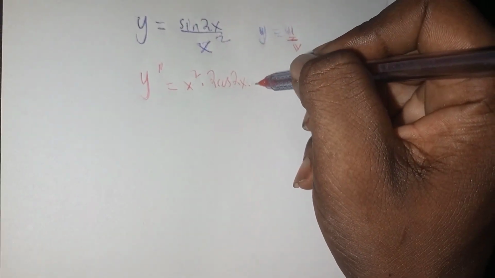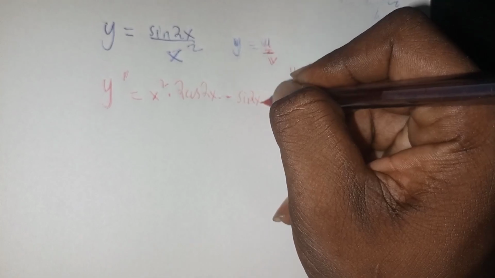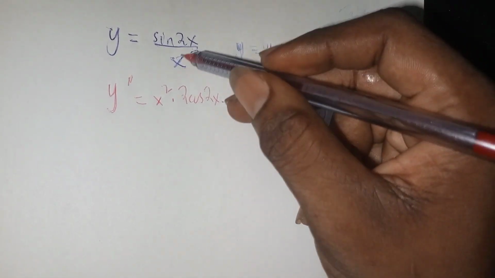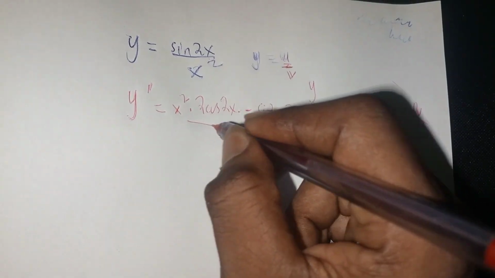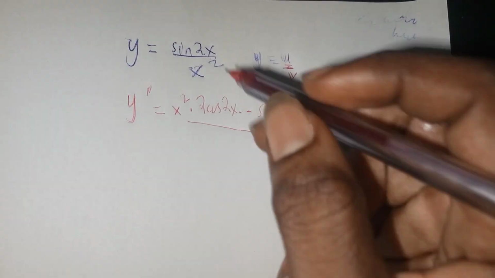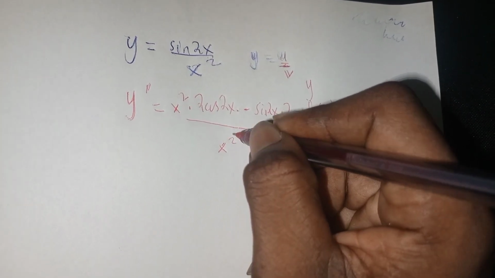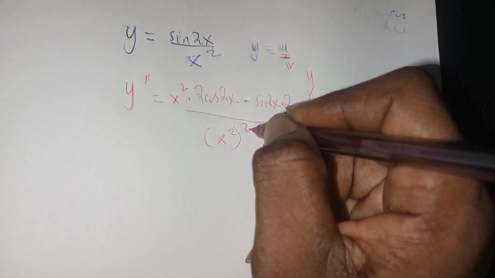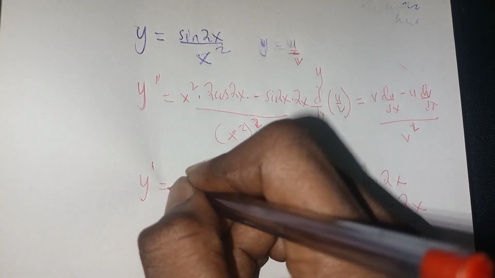Okay, so over here we get this minus our u, which is already sine 2x, multiplying dv dx. If you differentiate this, that's 2x all over our x square, so we are going to square that. Okay, so let's rewrite this very well.